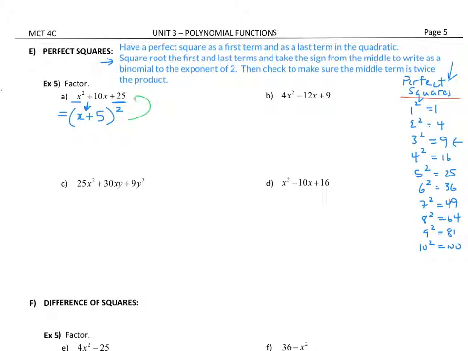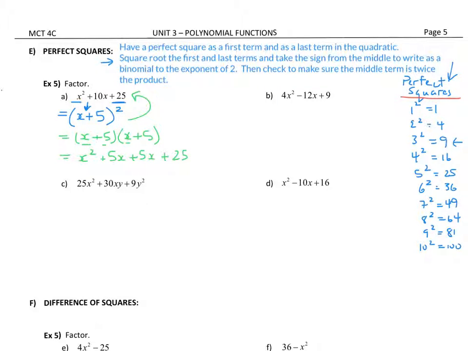If I were nice and wrote that out twice, so what I'm doing in green here is just writing it out twice to check, and then I'll show you a shortcut to this. So if we expand this, we're going to have x times x, which is x squared, which is my first term, that's good. And then we have x times plus 5, which is plus 5x. And then we have plus 5 times x, which is another plus 5x. And then 5 times 5 is plus 25.